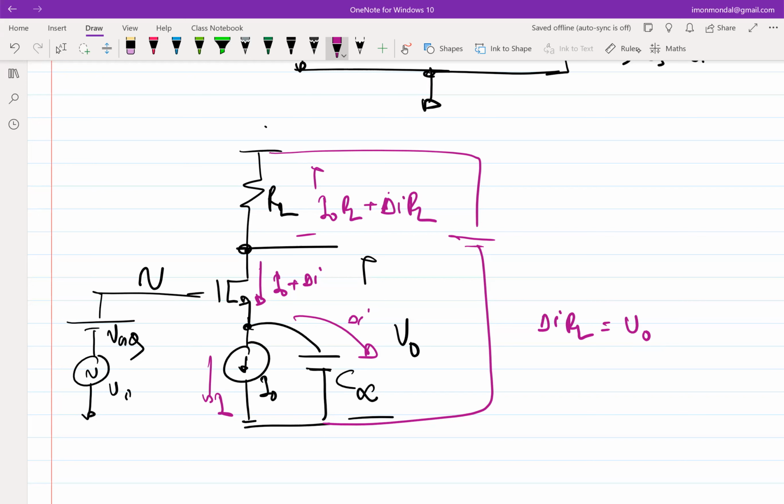And by the way, this delta I cannot be DC, because if it's DC, then even with an infinite capacitor, the DC current is there for infinite time, so it will keep on ramping the voltage of the capacitor. If the capacitor value is very large, the rate of ramp will be slow, but eventually it will ramp up and shut down the transistor.